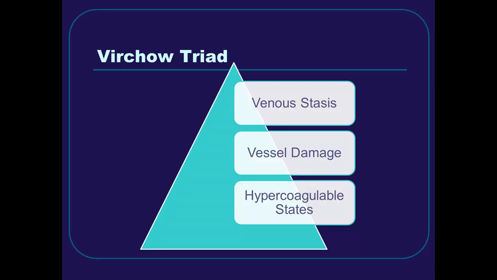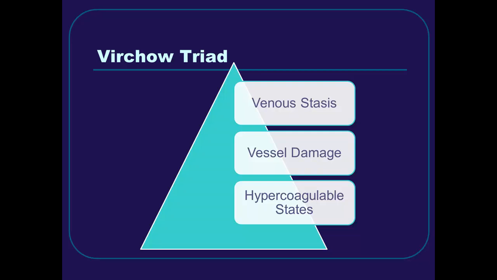So in venous stasis with Virchow's triad, we know that venous pressure is less than arterial pressure. So as a result, you have a decrease in the velocity of flow in the venous system. When you slow that down through stasis, you increase the probability of the formation of thrombus. So once again, we're going to think about elders, individuals with vessel disease.